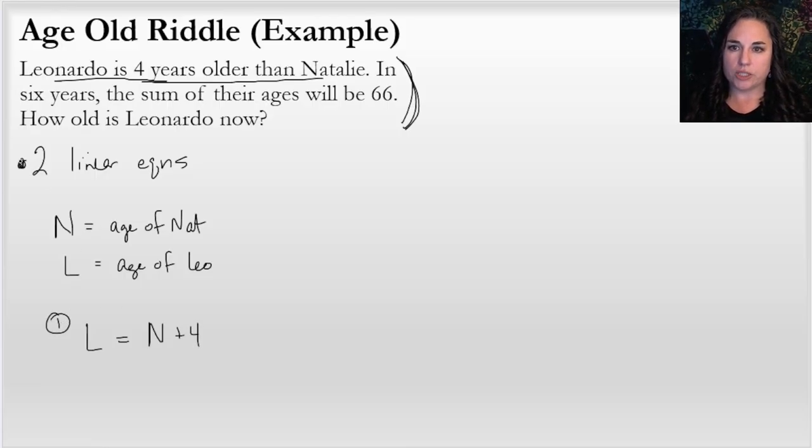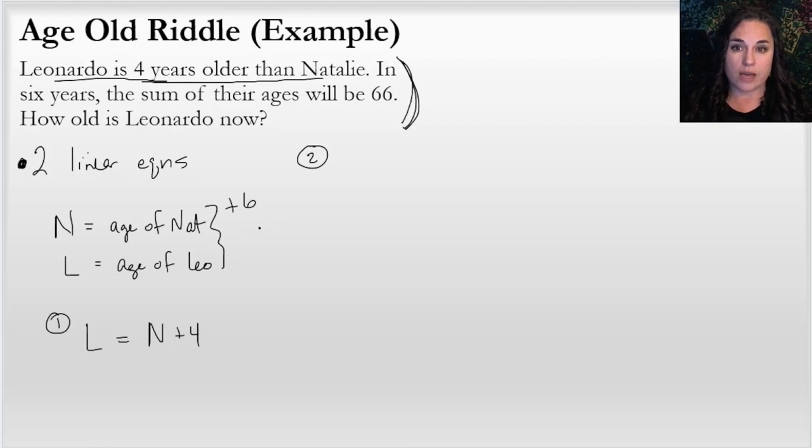Remember, I said my strategy is 2 linear equations. That's my first equation that I'm going to work with. Can you think of the second equation? What is the second equation? This is usually the hardest part of the problem. My hint is that in 6 years, the sum of their ages will be 66. So what we're going to do is add 6 to each of these.